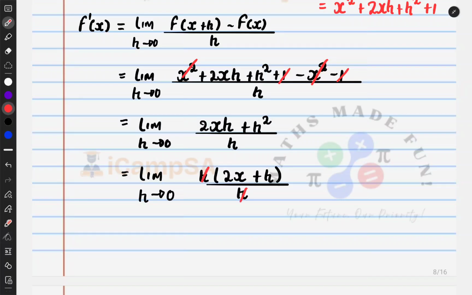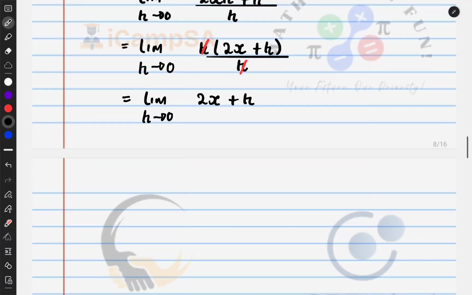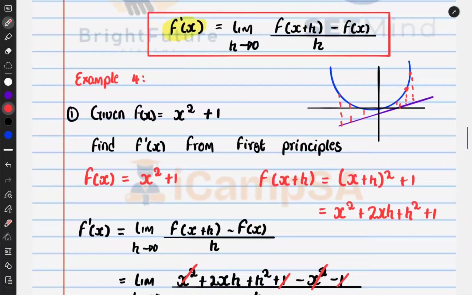Then the h will cancel, therefore this will be equal to the limit as h approaches 0 of 2x plus h, and now we can substitute the h for 0. Therefore we're going to have 2x plus 0, which is equal to 2x, and that is the derivative of this function x squared plus 1 from the first principle.